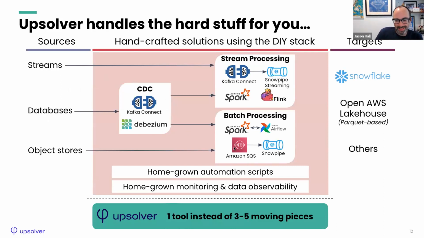But if you're looking to really simplify that process and leverage a single solution to get data from source to target without having to manage Kafka or Debezium or Spark or Snowpipe or build your own automation or build your own monitoring, that's really where a lot of Upsolver's value proposition comes in.